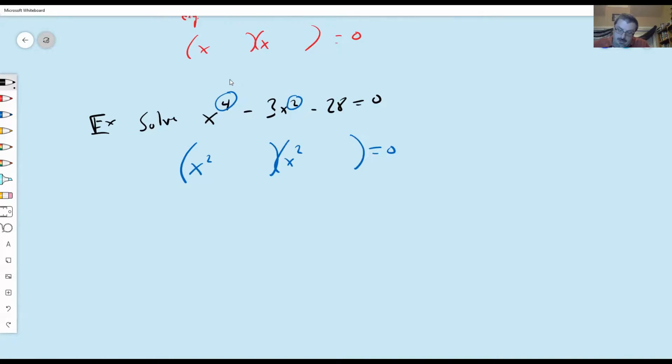So we're going to say to ourselves, okay, factoring by grouping, a times c, or first times last, is going to be 1 times minus 28. We're looking for the factors of minus 28 that could add to minus 3. Probably the most common factors of 28 you might think of are 4 and 7.